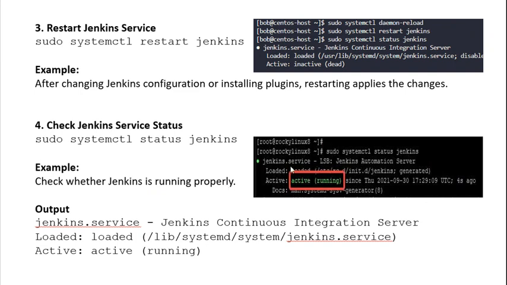The output is jenkins.service - Jenkins Continuous Integration Server, Loaded: loaded (/lib/systemd/system/jenkins.service), Active: active (running), as shown in this part.